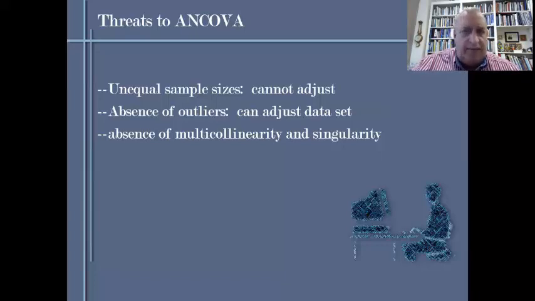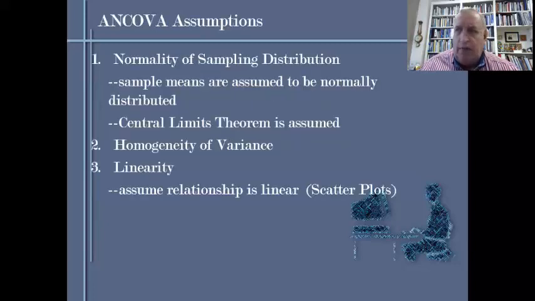And then we have the absence of multicollinearity and singularity. That is, these control variables don't interact with one another, or they interact so much that they act like one variable themselves. So that's where you get into dealing with how many covariates you want to use in order to deal with the multicollinearity that may be there.